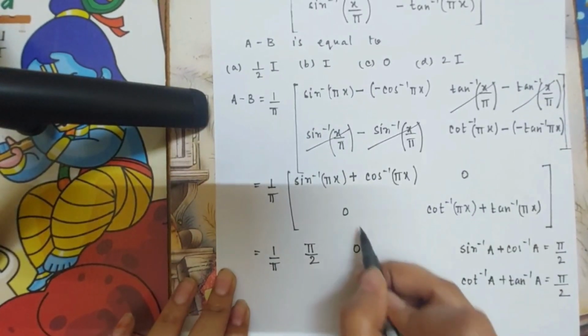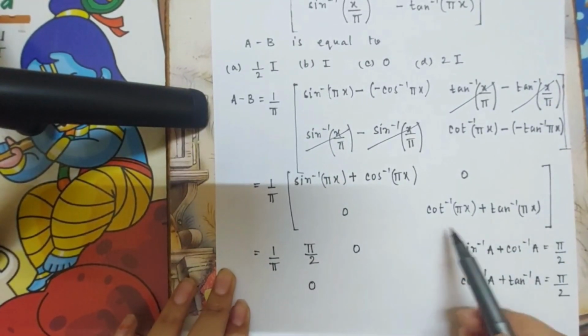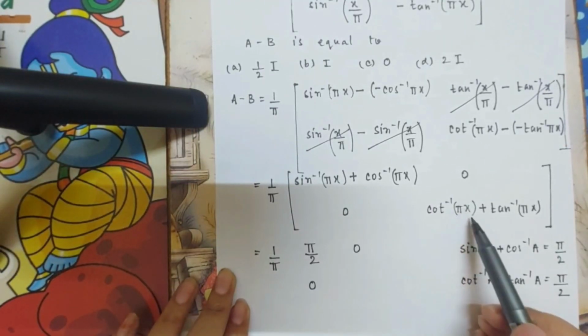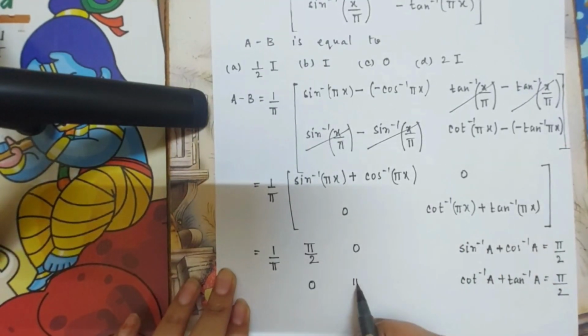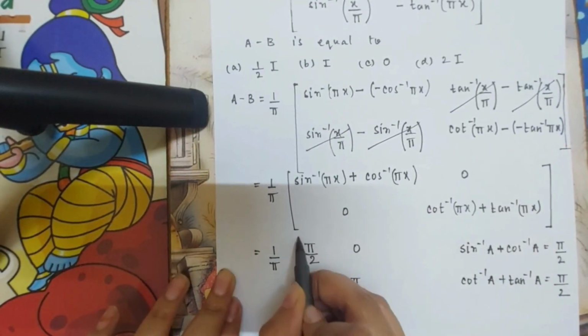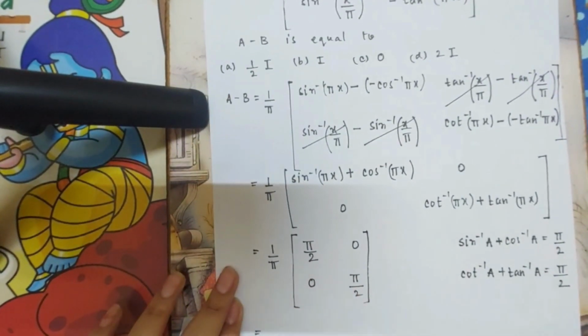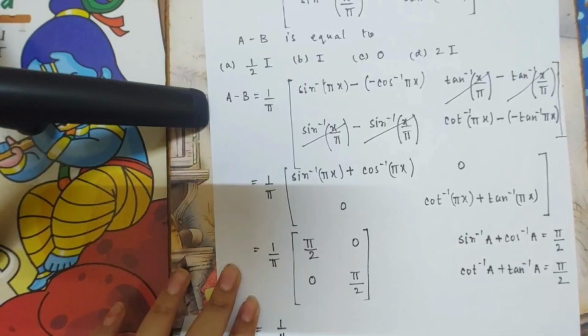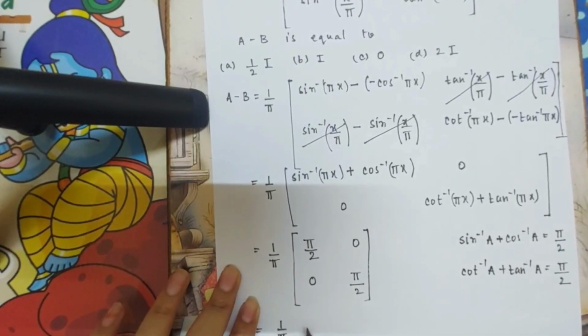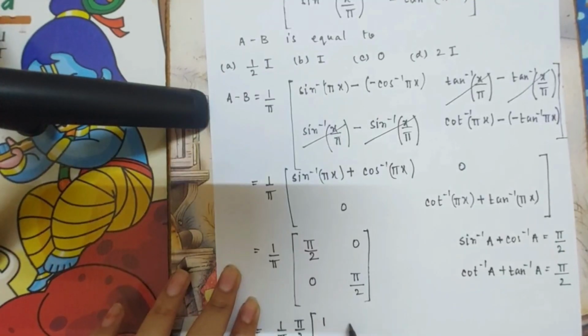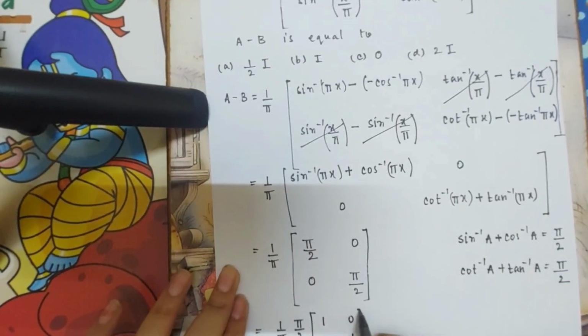This again will be equal to 0, and cot inverse pi x plus tan inverse pi x can be replaced with pi divided by 2. Now if I take out pi by 2, I'll be able to get [1 0; 0 1].